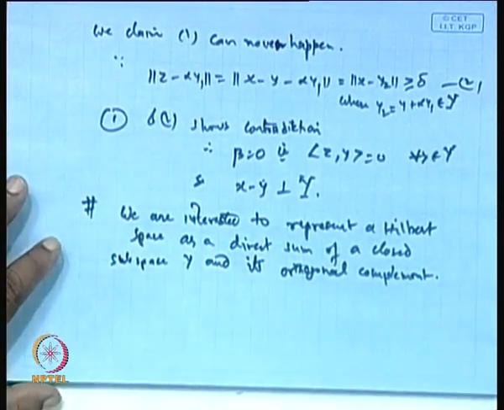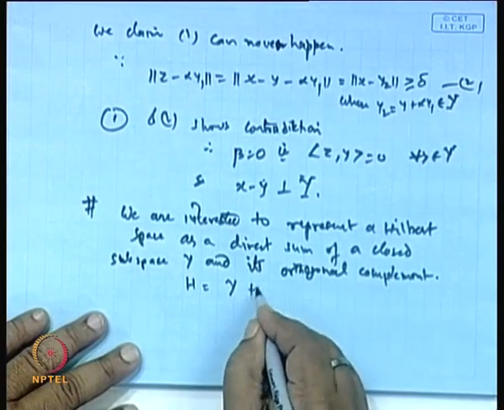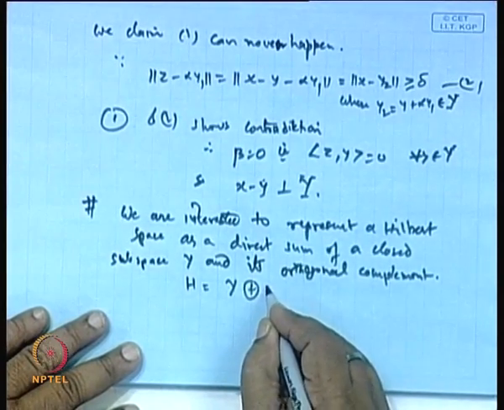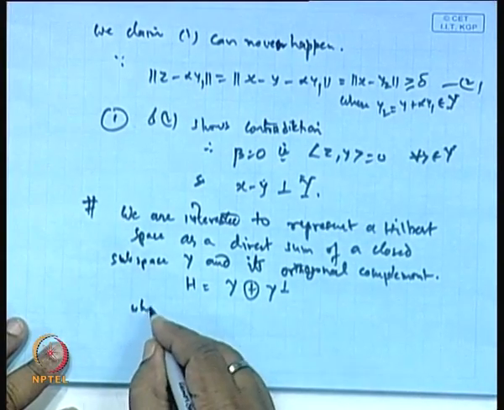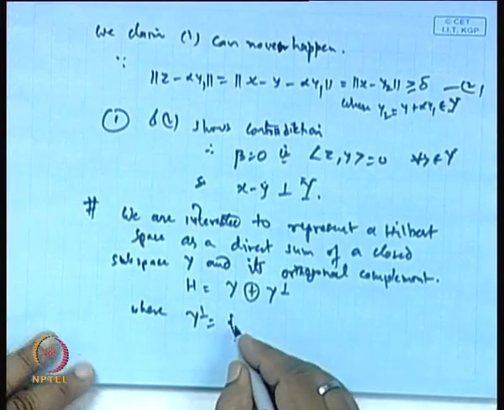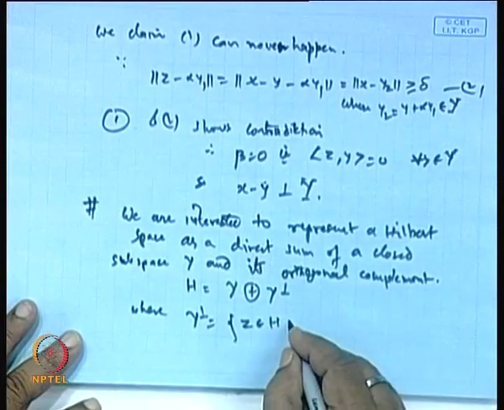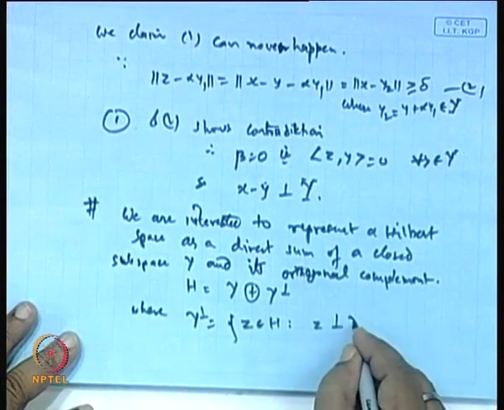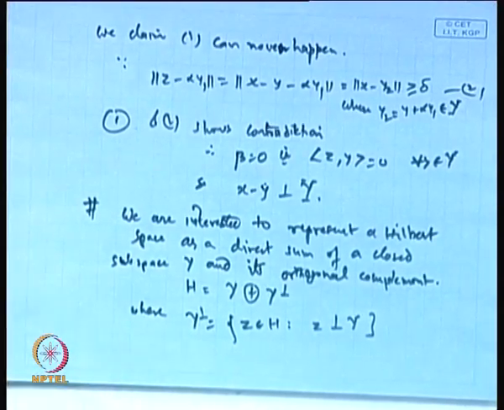This is our interest. That is, we want H to be the direct sum of Y and Y perpendicular, where Y perpendicular is the set of those vectors z in H such that z is orthogonal to Y, the orthogonal complement of Y.